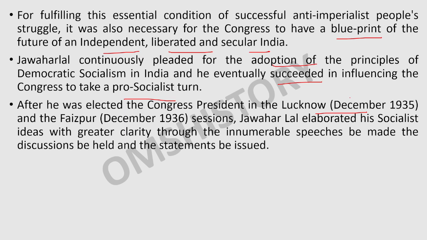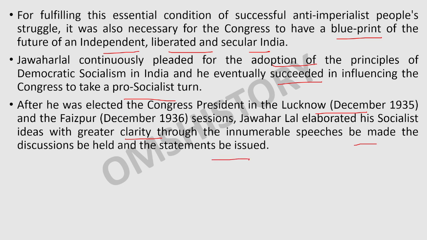Here he gave a speech, and that speech did not go down well with various industrialist groups, and I will return to this speech of December 1935. But in the Lucknow session and the Faizpur session, Jawaharlal Nehru elaborated his socialist ideas with greater clarity through the innumerable speeches being made, the discussions being held, and the statements being issued.